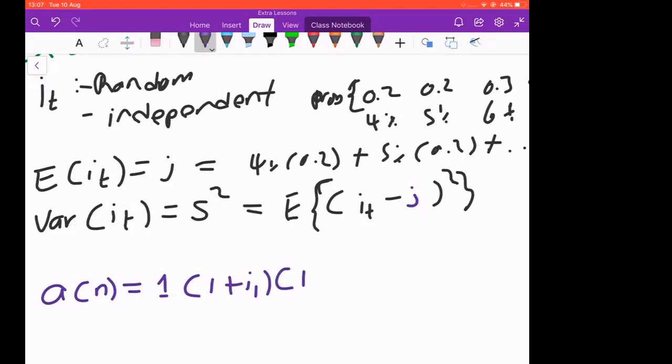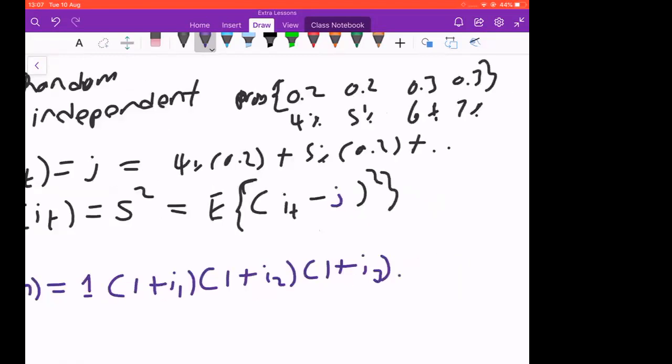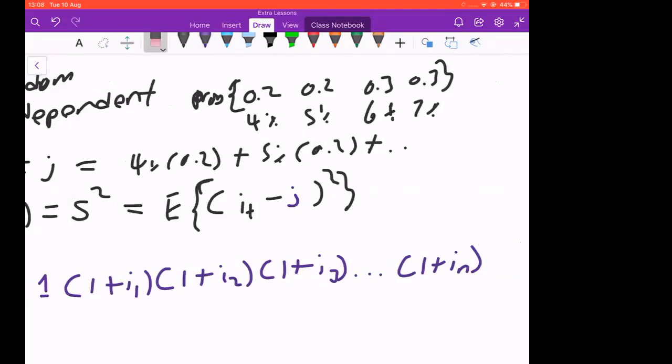Next year's interest is not going to be the same as this year, or at least it is independent. So it's going to be i_2 for next year. Again, it keeps on accumulating, even for the third year, you're going to have i_3, up until you reach your end period, i_n, right? So there is no need to put these things over here.